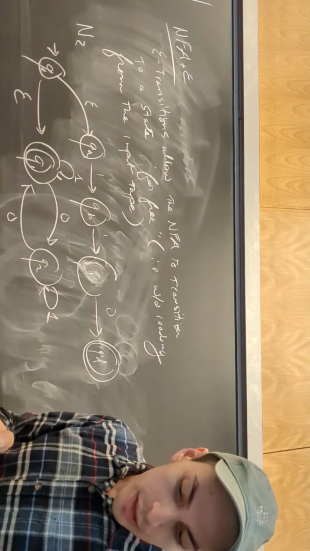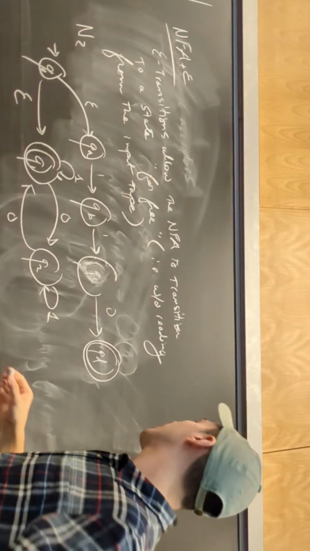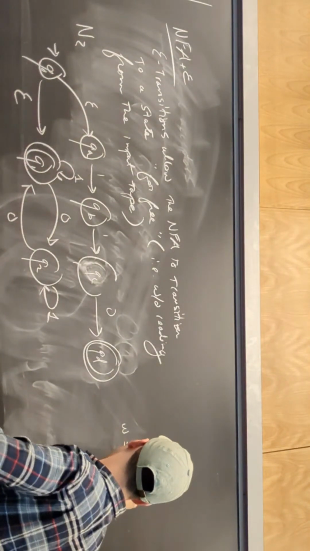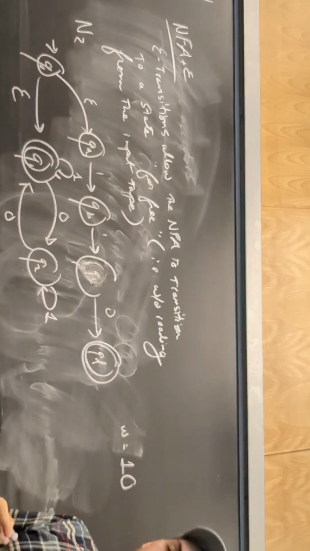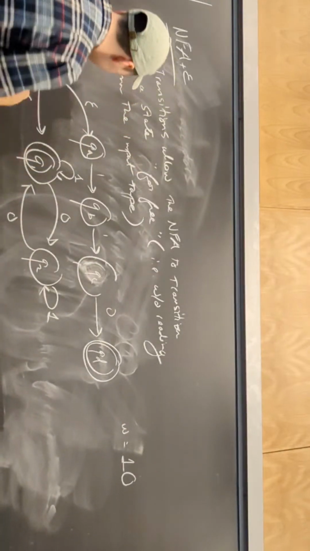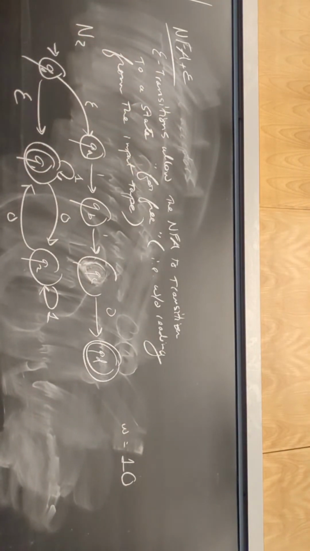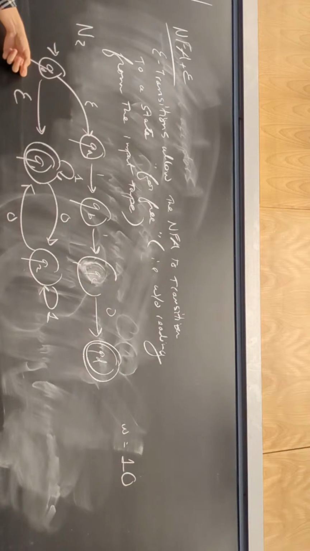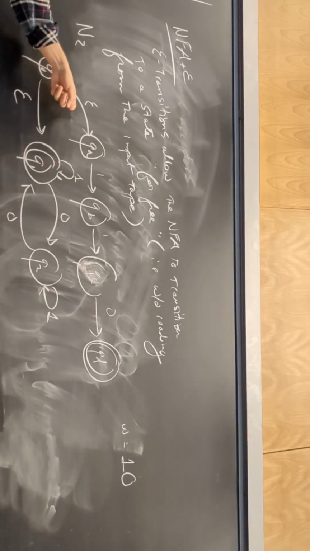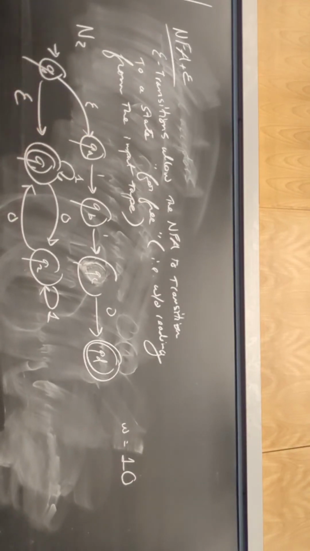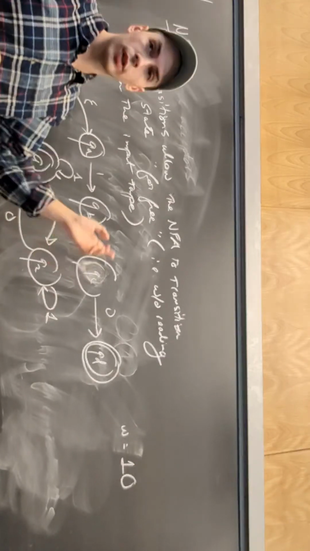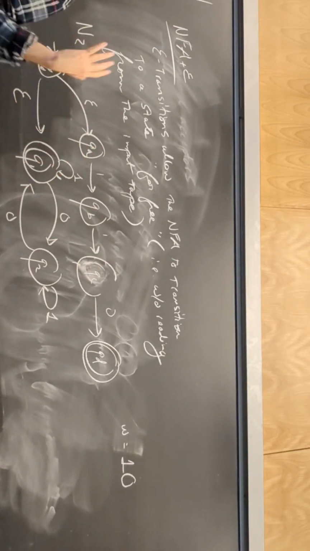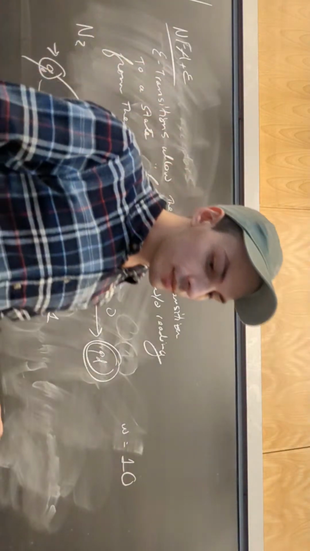Well, let's say I have the string 1, 0 as the input string. Like NFAs and DFAs, my NFA with epsilon transition starts at the start state. It's no different. But now what's different is it can jump to QA or to Q1 for free without reading 1, 0, without reading the first letter of the string, essentially.